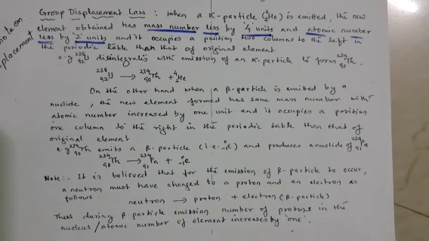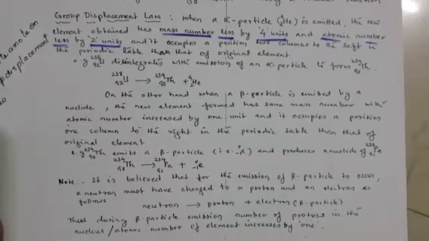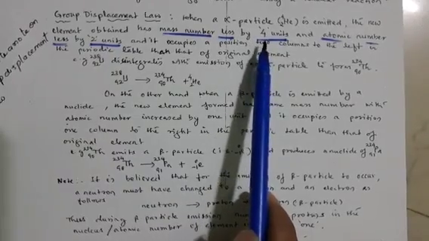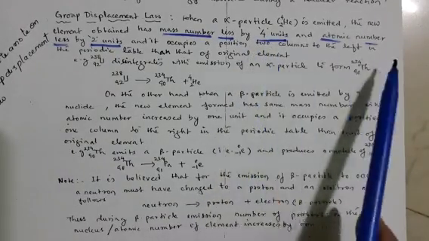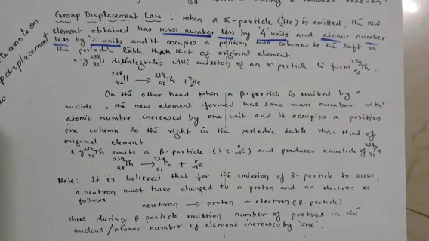Whenever an element emits an alpha particle, the newly formed element will have a mass number less by 4 units and an atomic number less by 2 units. The newly formed element will occupy the position 2 elements to the left in the periodic table than that of the original element. For example, let us consider the disintegration of uranium.